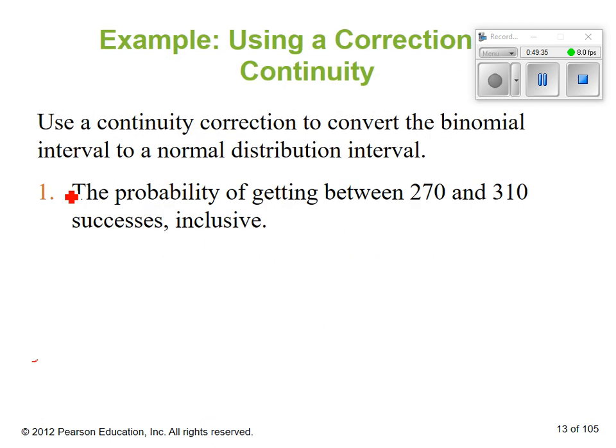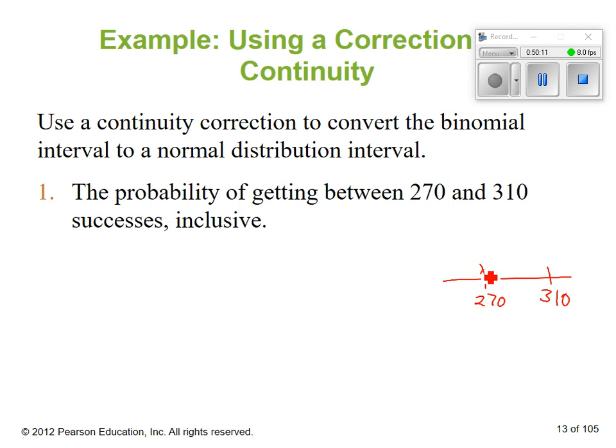Use a continuity correction to convert the binomial interval into a normal distribution interval. The probability of getting between 270 and 310. This is the low limit, that's the high limit. What am I going to change that 270 into? If it helps you, draw a little something here. We want that part of the curve right there. If 270 is my low limit, I change it to 269.5.